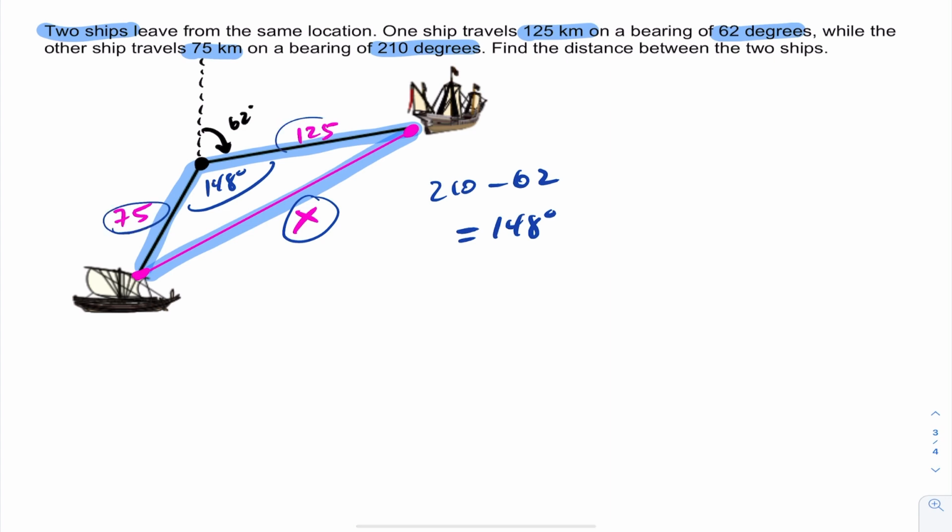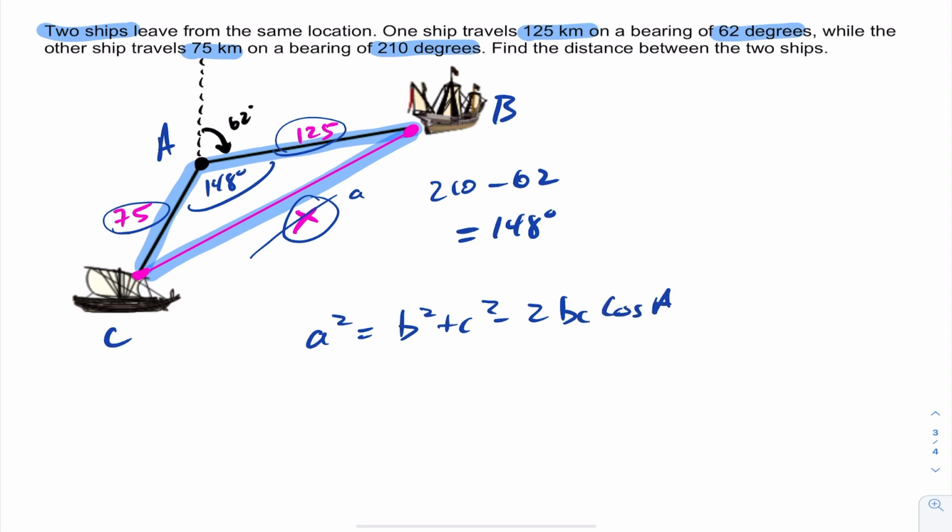So now we're in a situation where I want to solve for the distance x here, and I've got side, angle, side. I'm going to draw my triangle here. So label this A, this B, this C. Essentially, I'm trying to solve for lowercase a. So a squared is b squared plus c squared minus 2bc cos of that angle A that we just found. This is going to be length b, this is going to be length c.